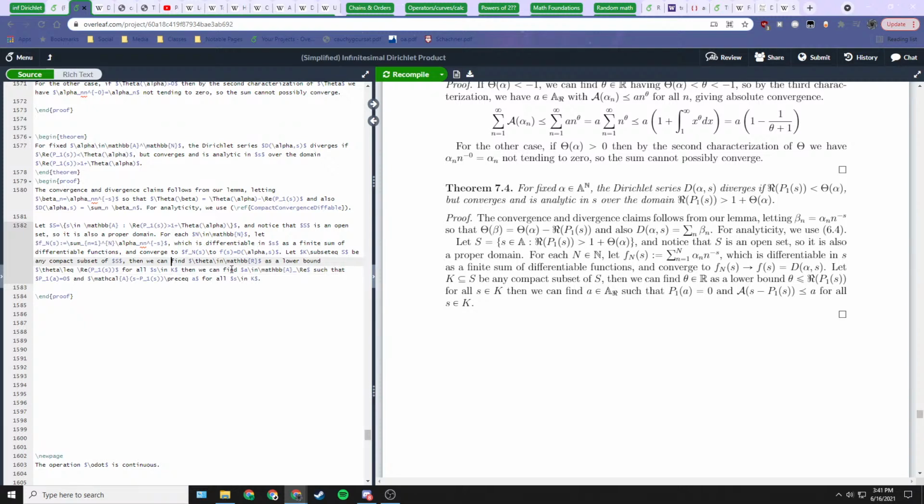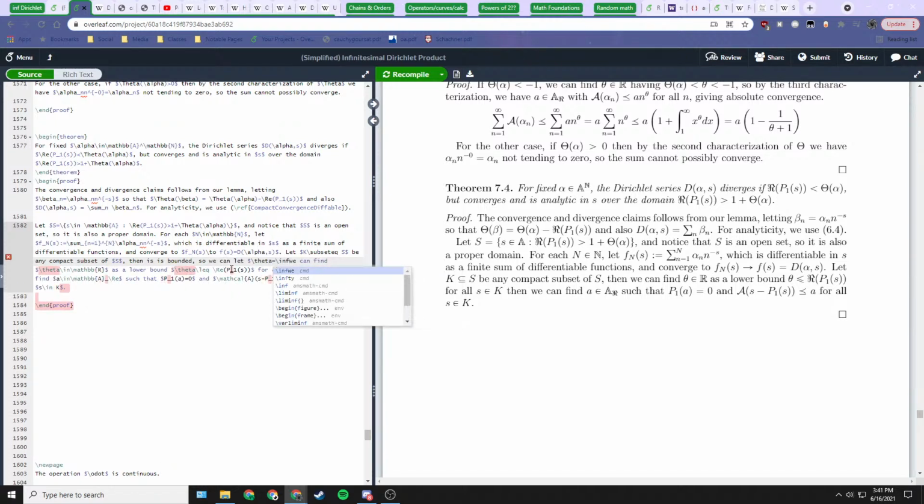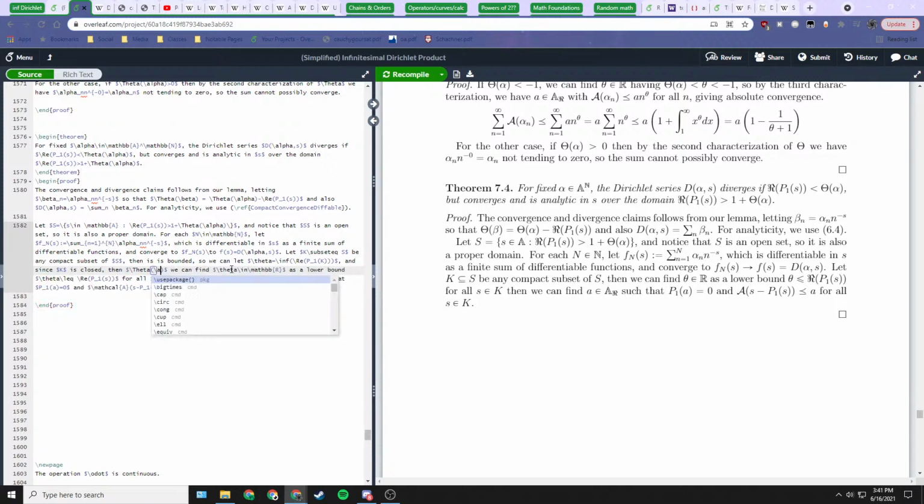Okay, let A be a convex subset of S, then it is bounded. So we can let theta be the infimum of the real part of P1 of K. And since K is closed, then theta of alpha plus 1 is strictly less than theta.